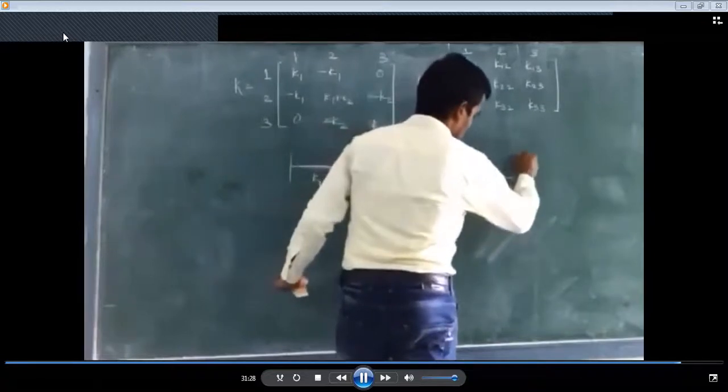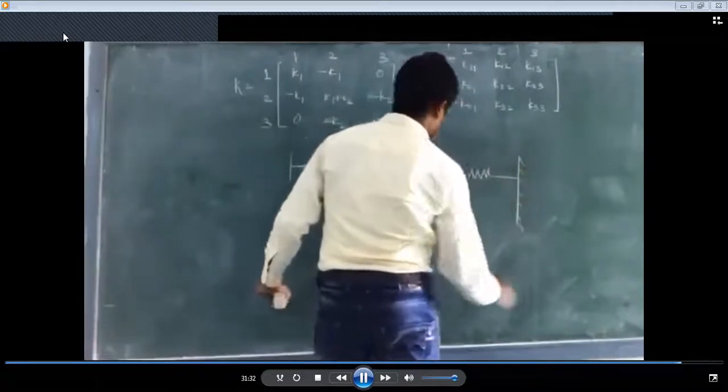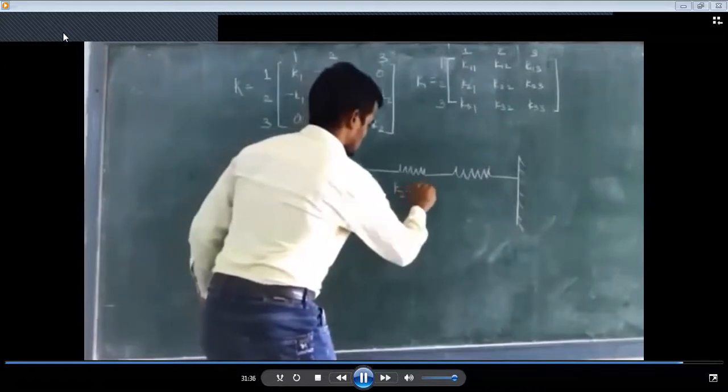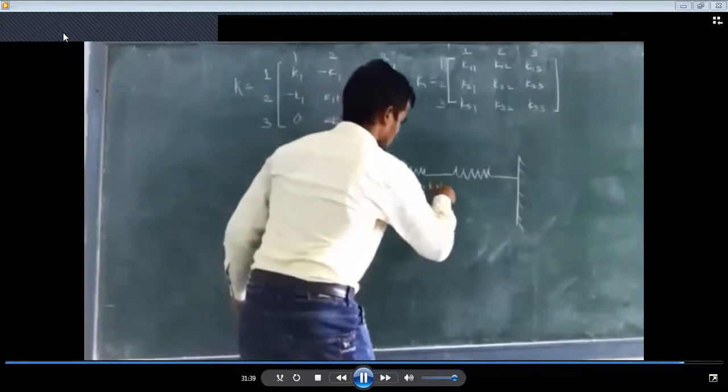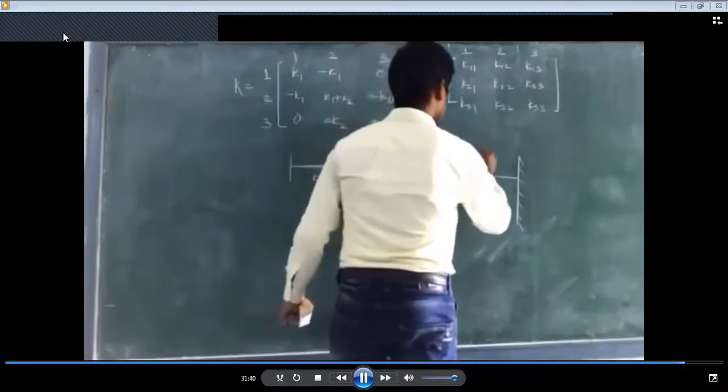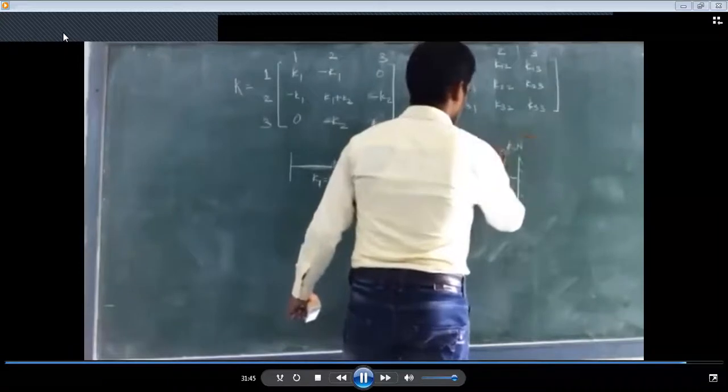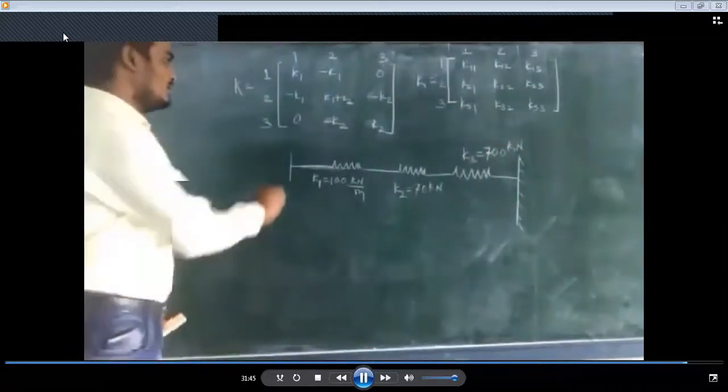Construct the global stiffness matrix for this spring system shown in the diagram. The values of K1, K2, and K3 are also given. So construct it by using the same procedure.